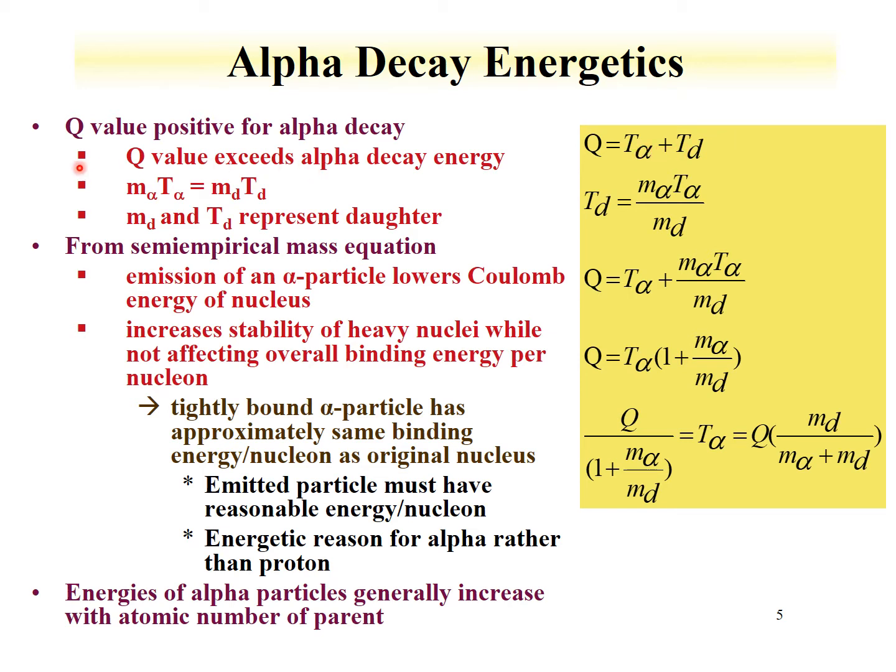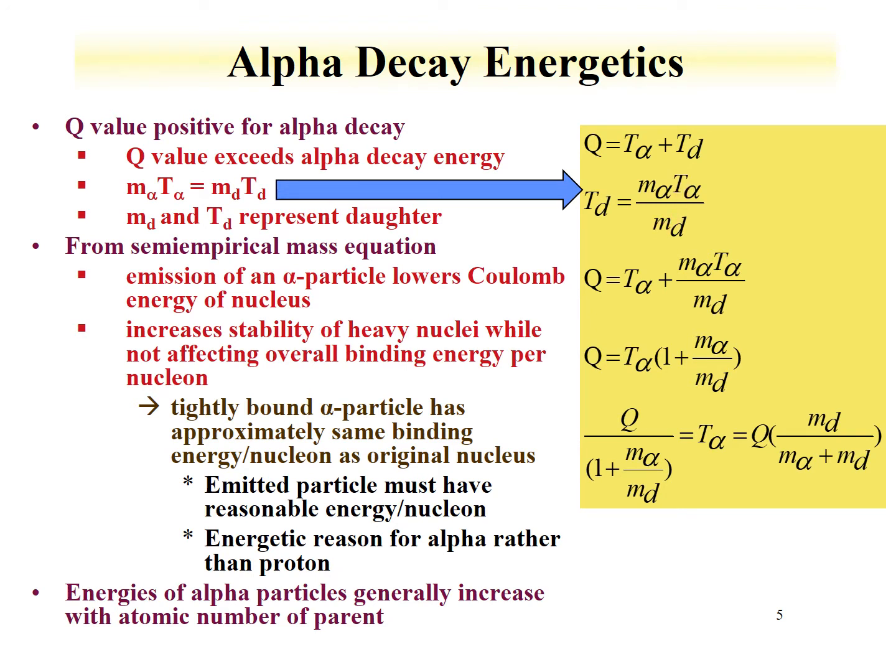We have a relationship where the momenta are going to be equal in opposite directions, so we can use this equation where mass times kinetic energy for the alpha is equal to mass times the kinetic energy of the daughter. We can rearrange this equation and solve for the kinetic energy of the daughter as a function of the mass of the alpha, the kinetic energy of the alpha, and the mass of the daughter.